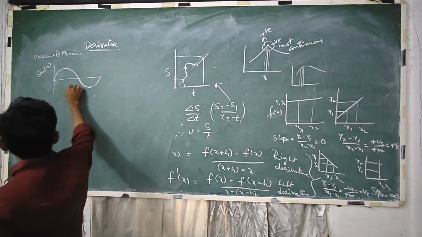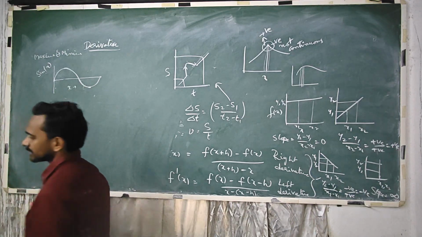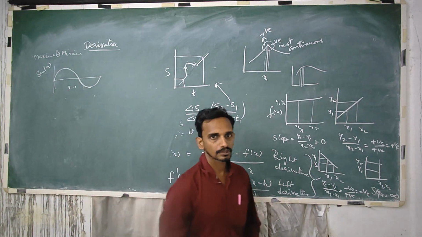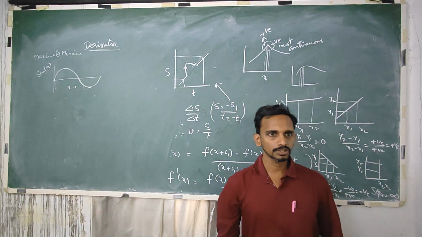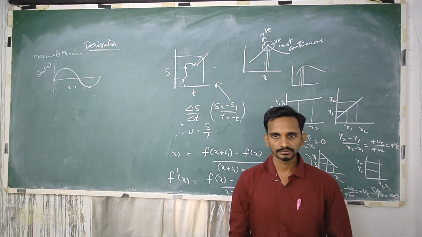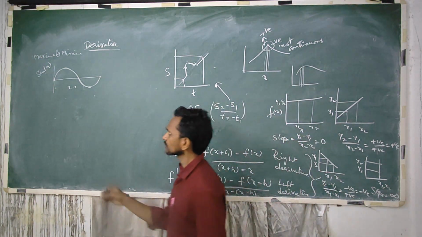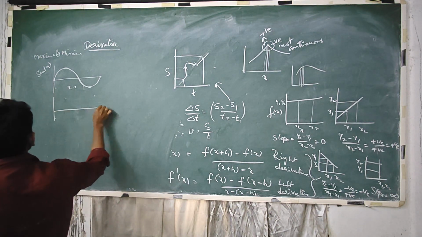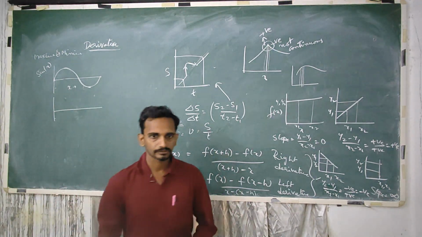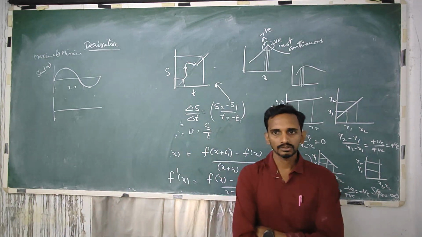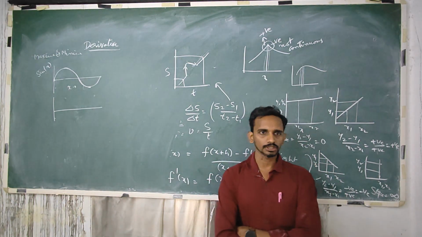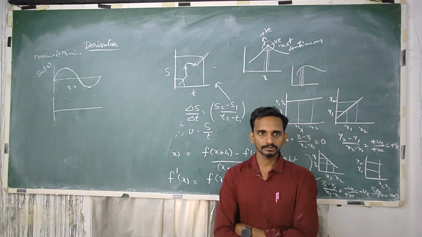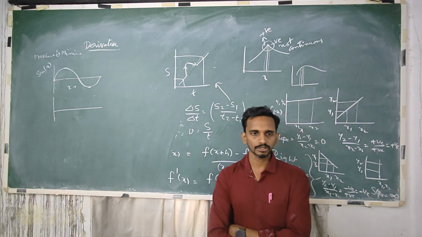Now what is its derivative? Derivative means what? Slope of that curve. I have to draw the slope of that curve. I have to check whether the function is rising or falling, or whether it is parallel to the x-axis or perpendicular to the x-axis.